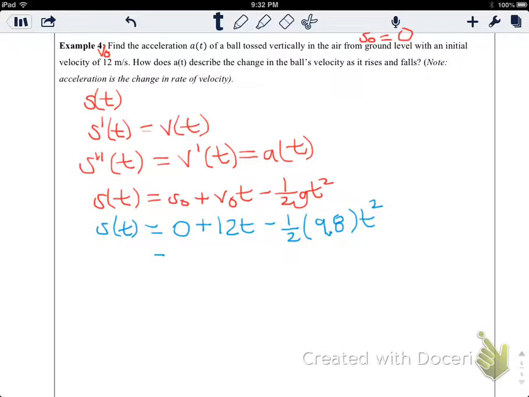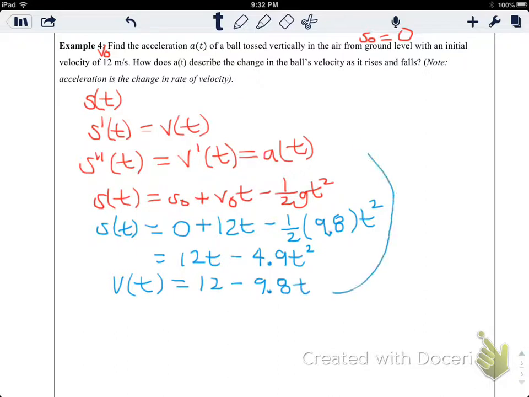Okay, and so that equals 12t minus 4.9t squared. Okay, and so v of t, velocity, equals 12 minus 9.8t.